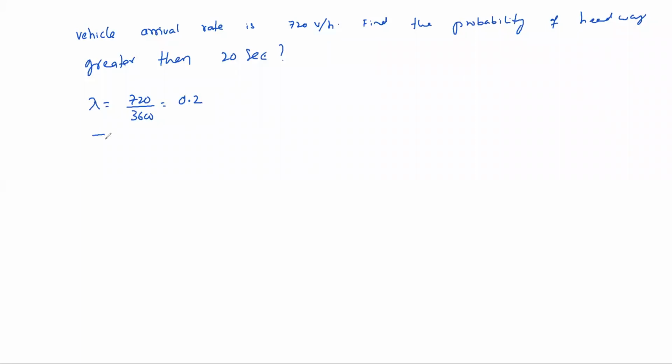Here headway t is given as 20 seconds. Lambda into t, 0.2 into 20, that equals 4. So probability of headway greater than 20 seconds is nothing but e power minus lambda t, which is e power minus 4. How much is it? 0.018183. Like this.